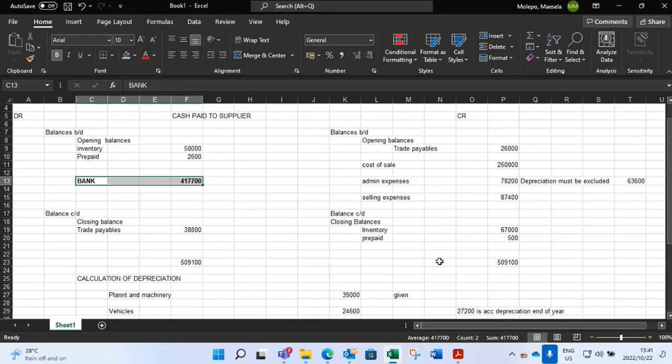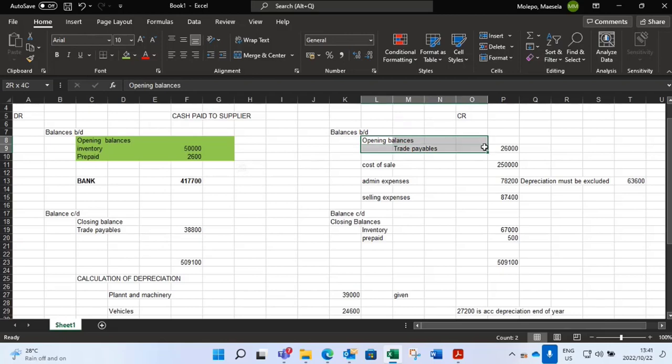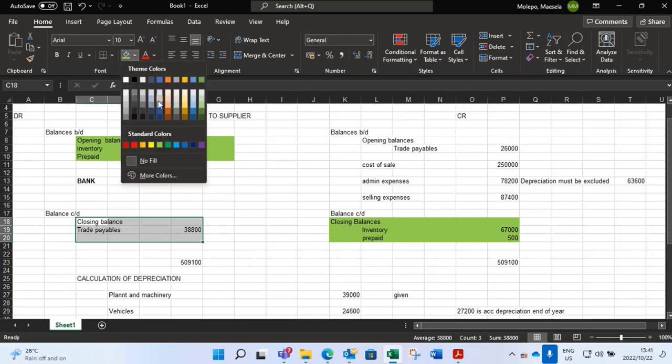Now it makes sense that I must look at inventory, payables, admin and selling only. When you do it like this, it makes sense to me, because I was struggling. I put other expenses and I was wondering where they were taking them. But when you did this, the light bulb went.